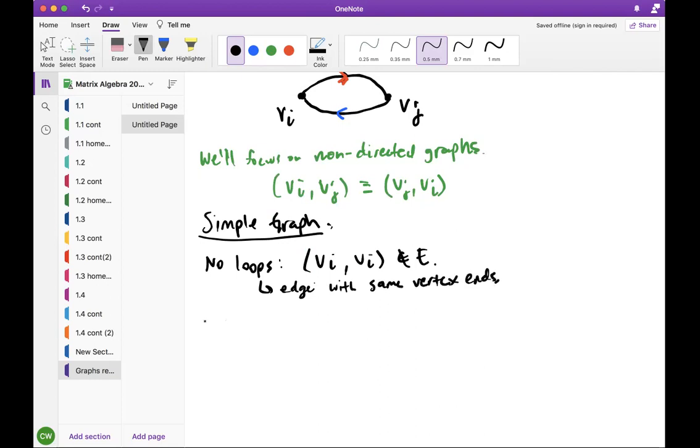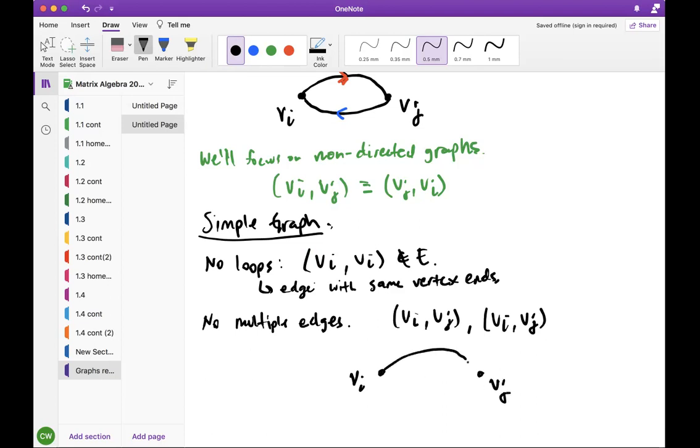And we also have no multiple edges. A multiple edge is where you could have VI, VJ and another VI, VJ. It's different from directed, but it's just two different ways of getting there.